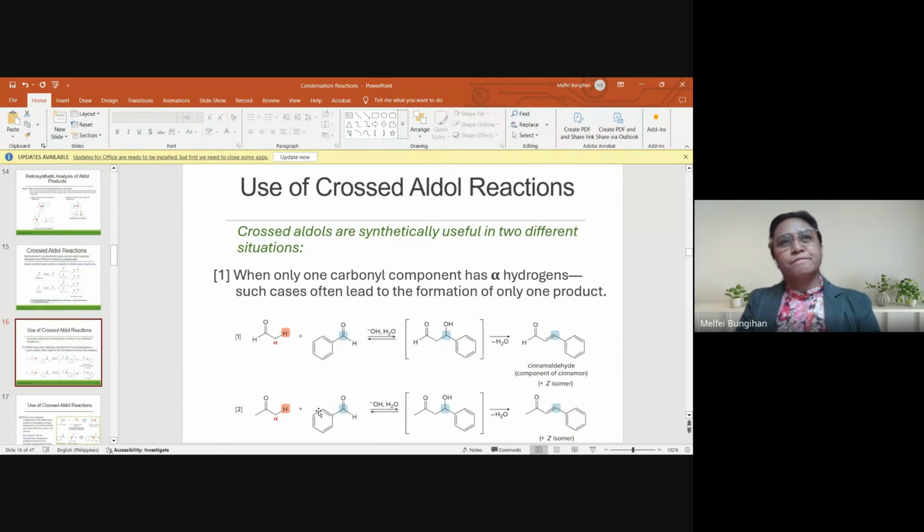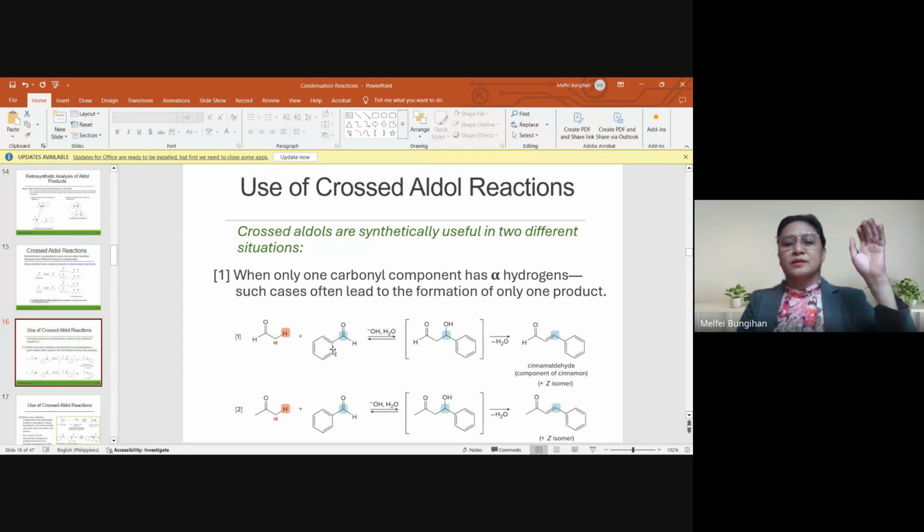So cross aldol is not very useful if you have a lot of alpha hydrogens from both carbonyl compounds. Here, for example, we only have one alpha hydrogen. The other carbonyl compound has no alpha hydrogen.